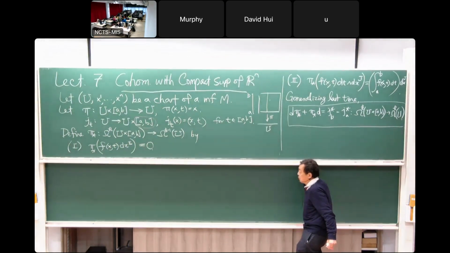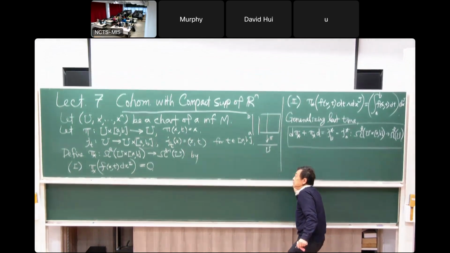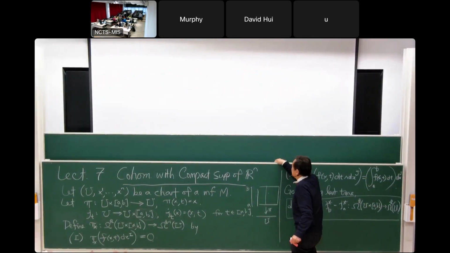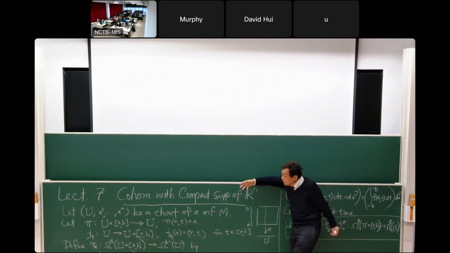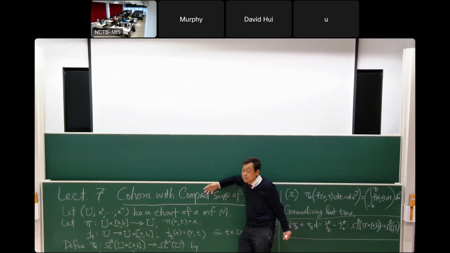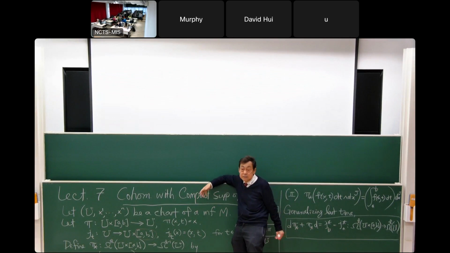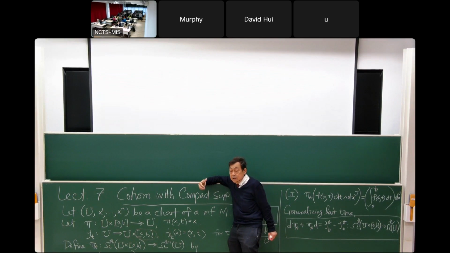So we just want to look at forms with compact support. Now, a form with compact support is a form, so it can also be written as a linear combination of type 1 and type 2 forms. Okay? But the question is, do the coefficients have to have compact support?